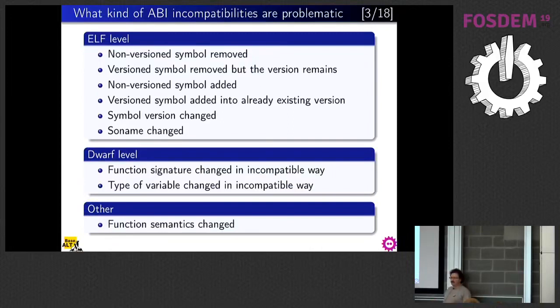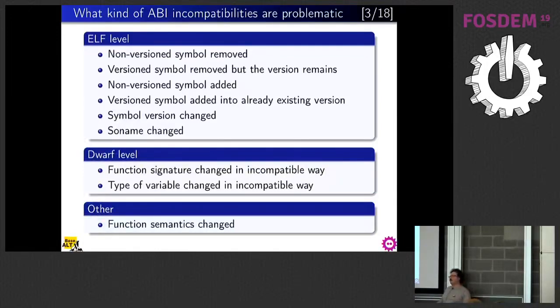By the way, not just removal of symbols is problematic, but also an addition, because when you are adding a new symbol to an already existing version, this breaks forward compatibility, which is important when you are installing third-party clients, for example.